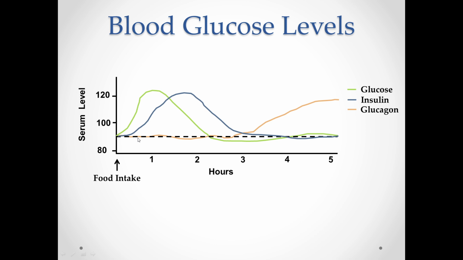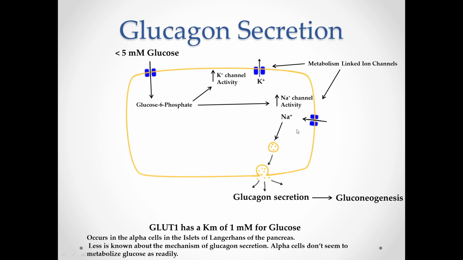Now, upon starvation or between meals, a hormone called glucagon begins to elevate. What glucagon does is it increases the production of glucose to allow the glucose levels in the bloodstream to remain at a baseline level. So upon the reduction of glucose in the bloodstream, less than 5 millimoles, glucose is no longer transported into the cell, and therefore it's not converted into ATP.